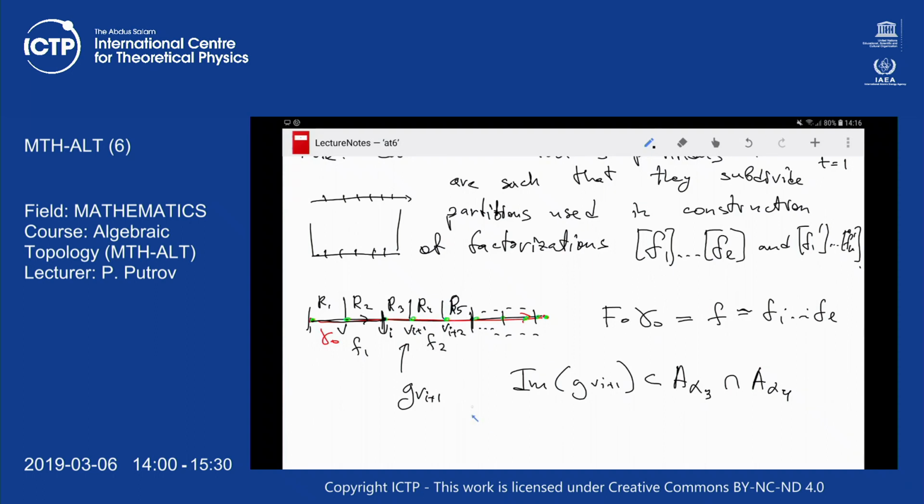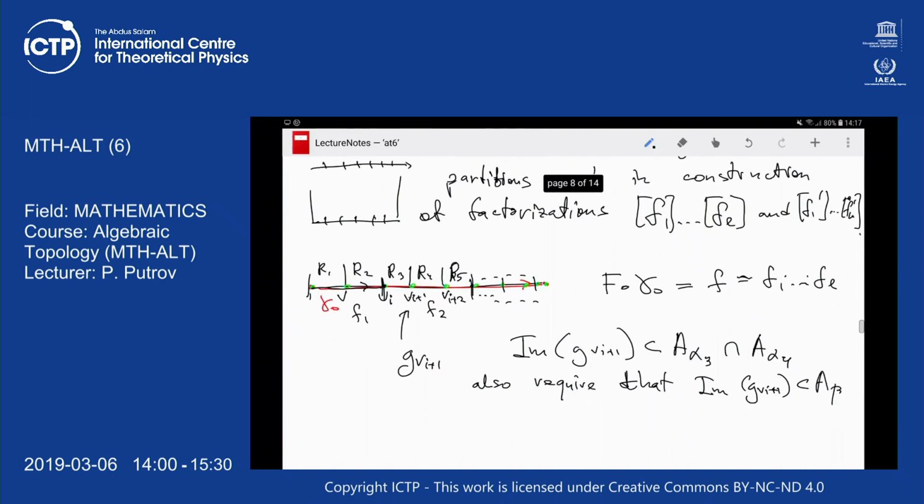But we also want to require that the image of this vertex belongs to, let's say, A beta, such that the image of the path F2 is contained in A beta.